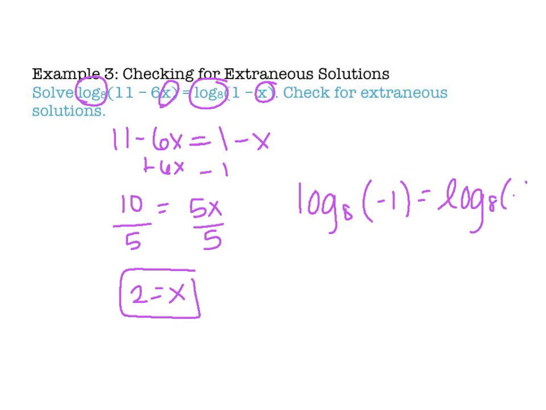The problem with this is that if I go back to my exponential notation, there is no power of 8 that will get negative 1 out. And so this one is no solution.